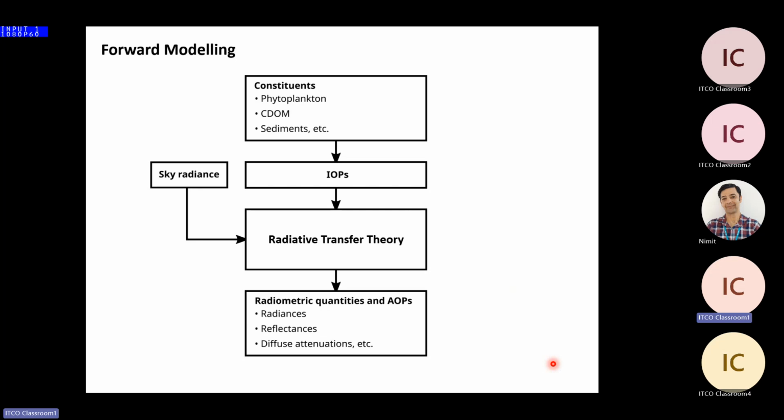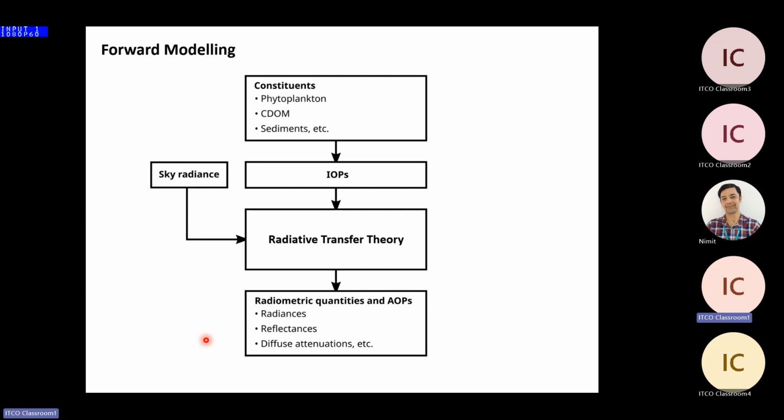Okay, so this is a simplified version of the diagram that David showed, which is what you've been learning about so far: the constituents of the water column dictate the IOPs. You've seen from Darius's lectures how different particle sizes can lead to different absorption and scattering properties of the bulk medium when you add them all together.